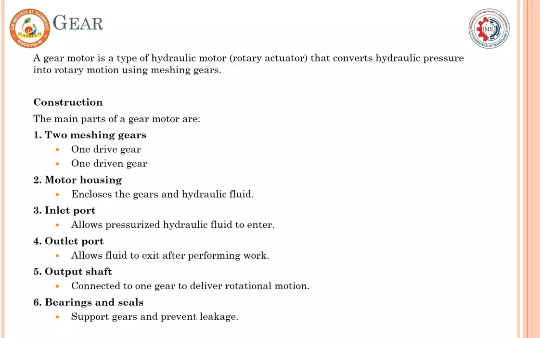Bearings and seals are present so that the fluid doesn't leak from the gear motor. The fluid present inside is going to connect to one gear to deliver rotary motion. Like this, the gear motor uses pressurized hydraulic fluid to work inside the motor.